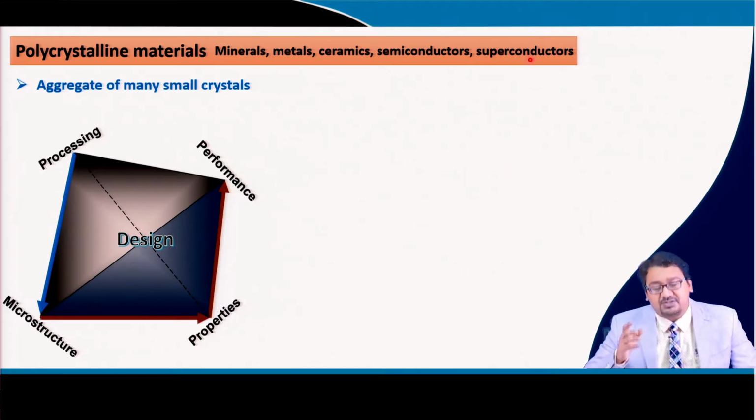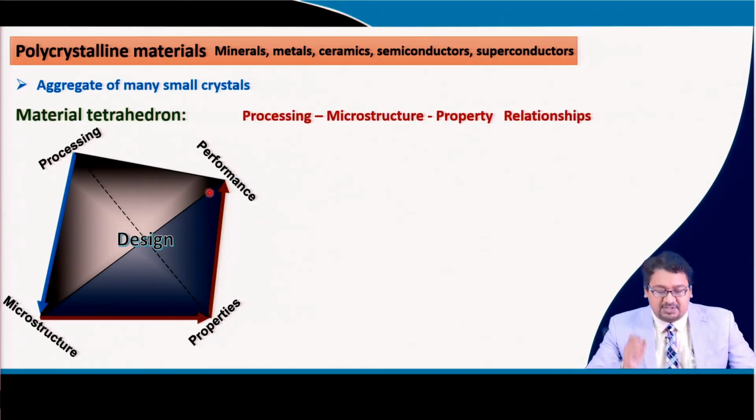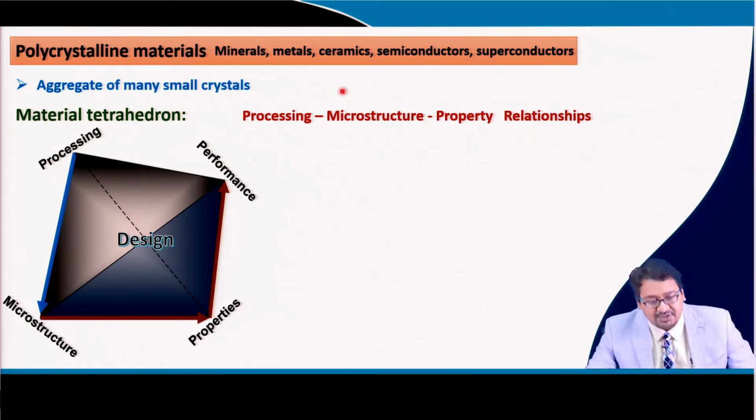The processing of these materials in order to obtain certain properties, in metallurgy, is usually described in terms of a material tetrahedron, which gives the relationship between processing, microstructure and property.